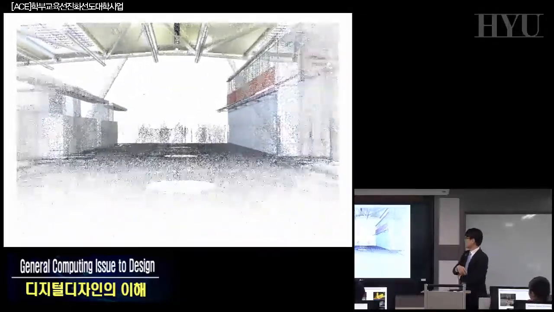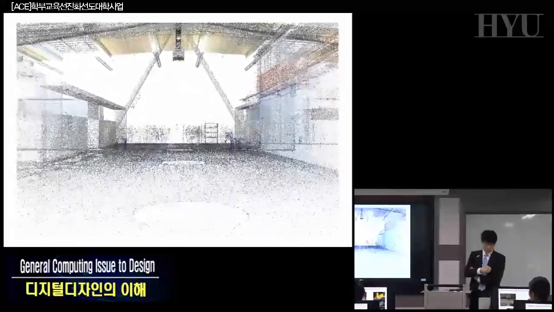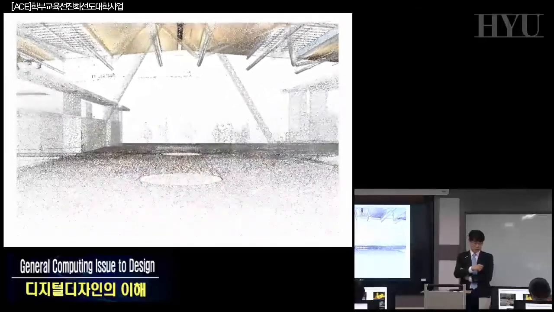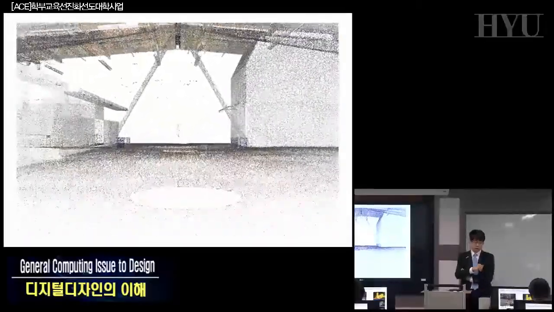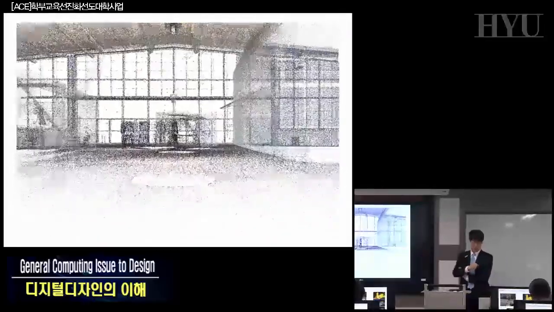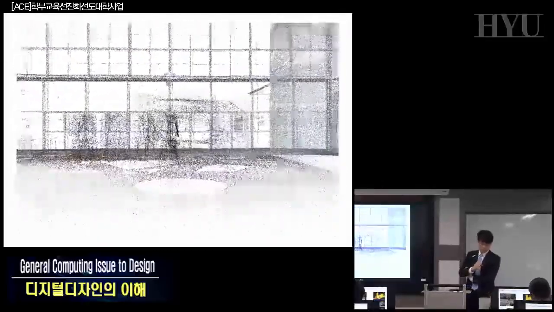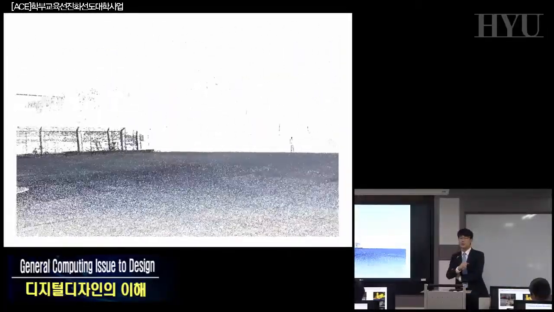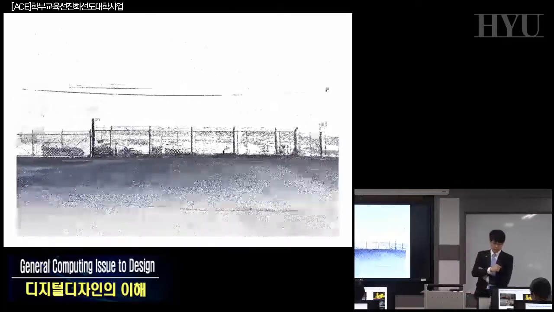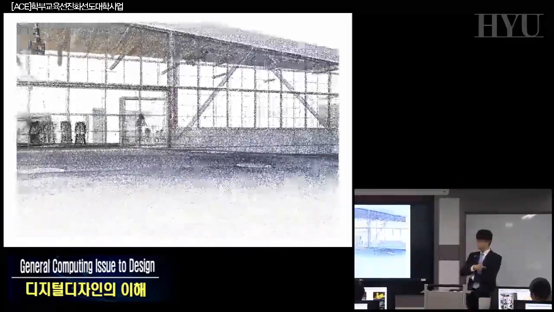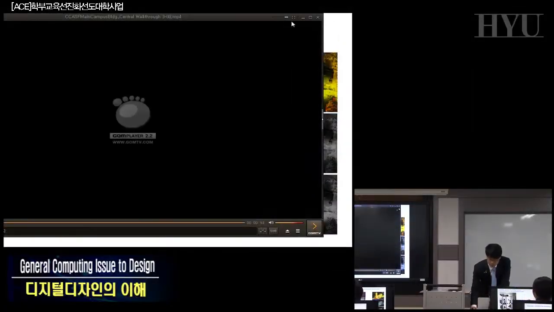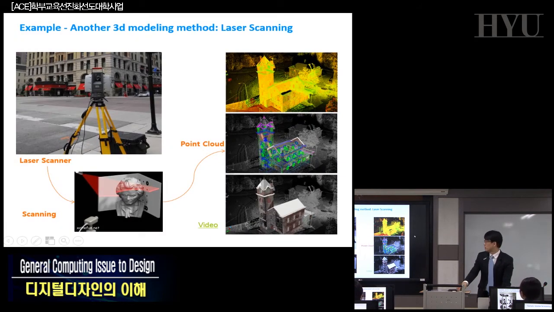Anyway, the school building is located in San Francisco, and we made this point cloud-based animation using laser scan data, navigating that building, the first level. So all these points are the so-called point cloud generated by laser scan. This is the building exterior. Now we can take a look at the backside of this building. So this is an example of making 3D geometry using a laser scan device.